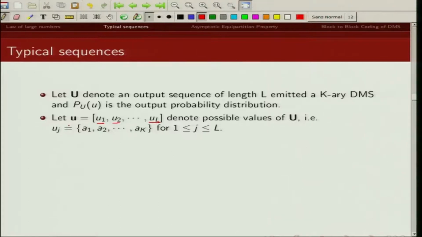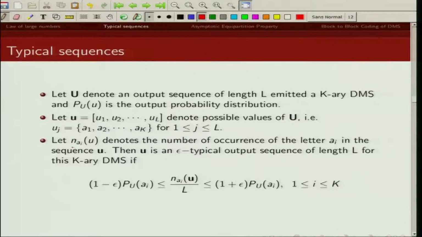So that's my output sequence of length L. Now each of these U_i, since the source is a K-ary source, could be A1, A2, A3, up to AK.